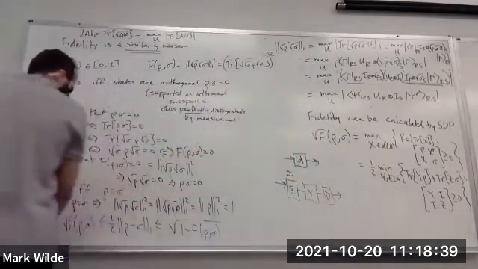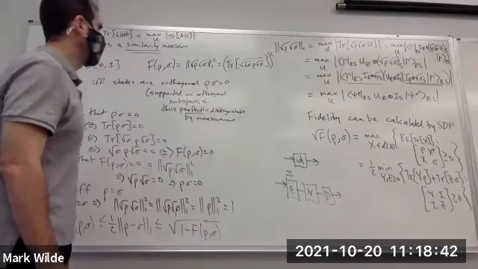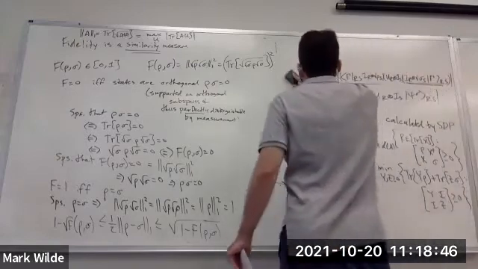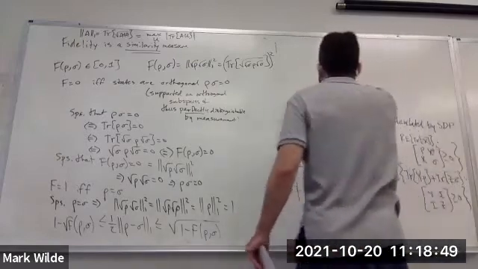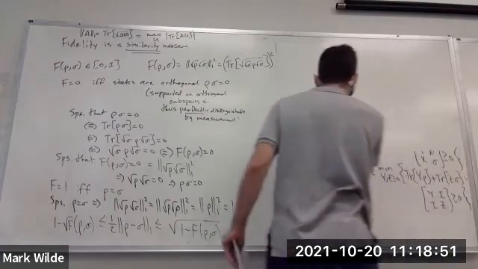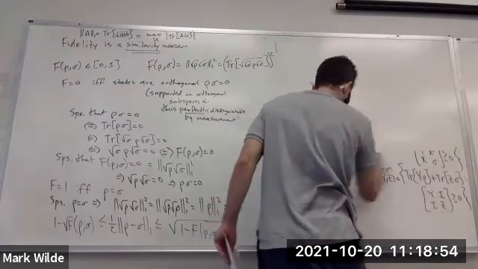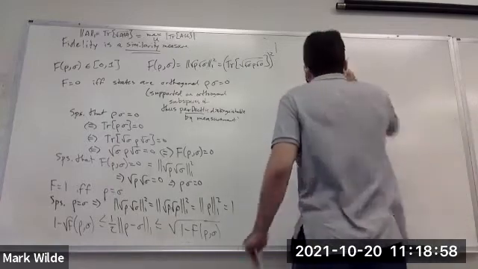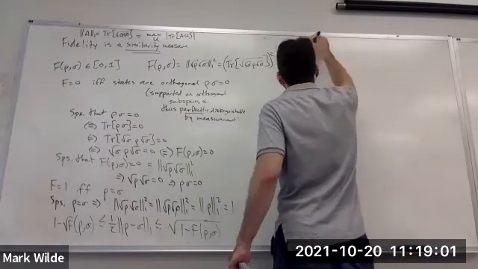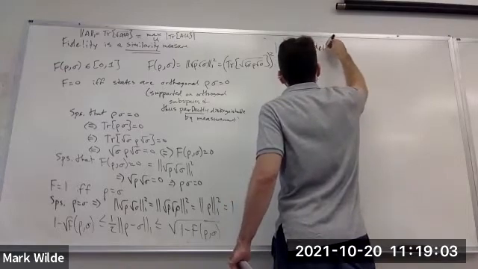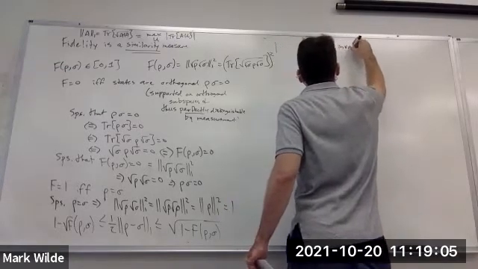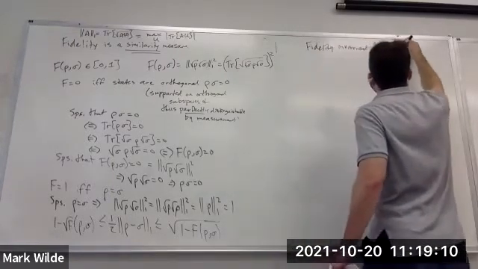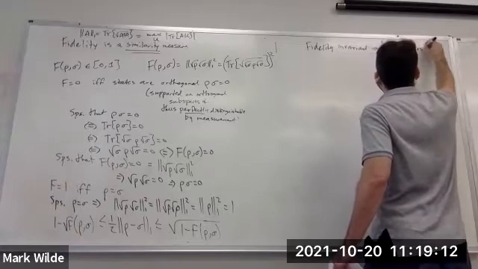It's invariant under isometries. What does that mean?